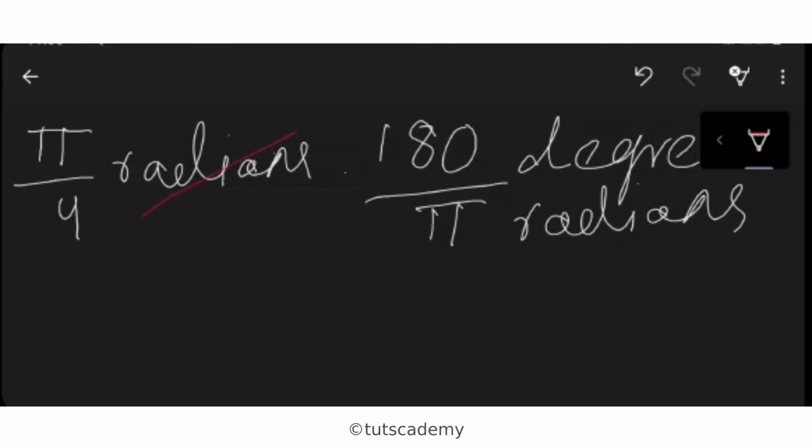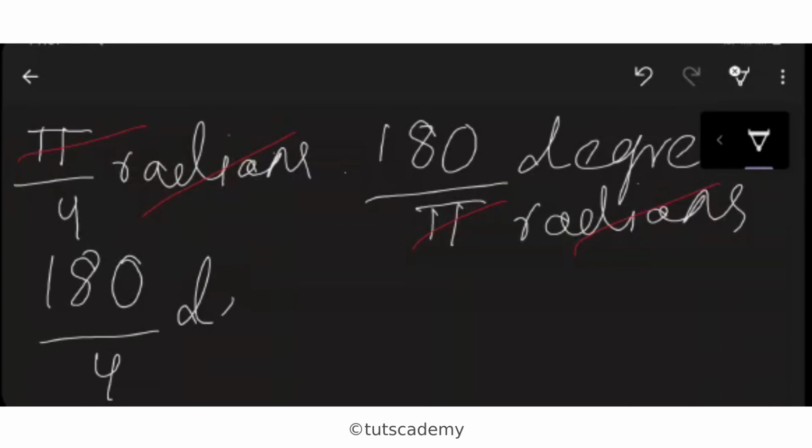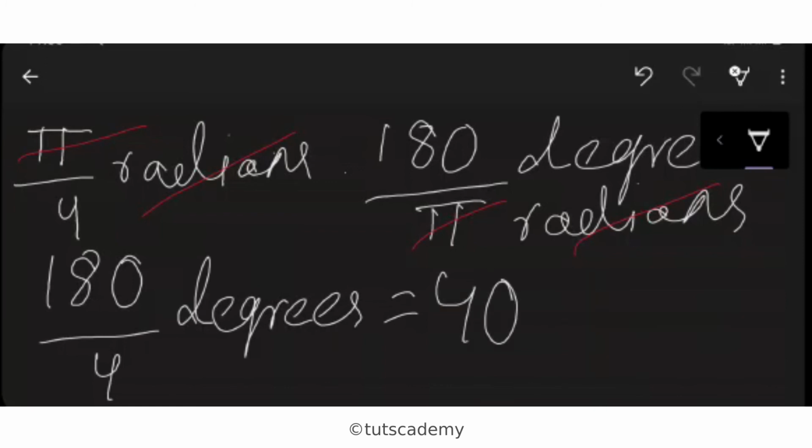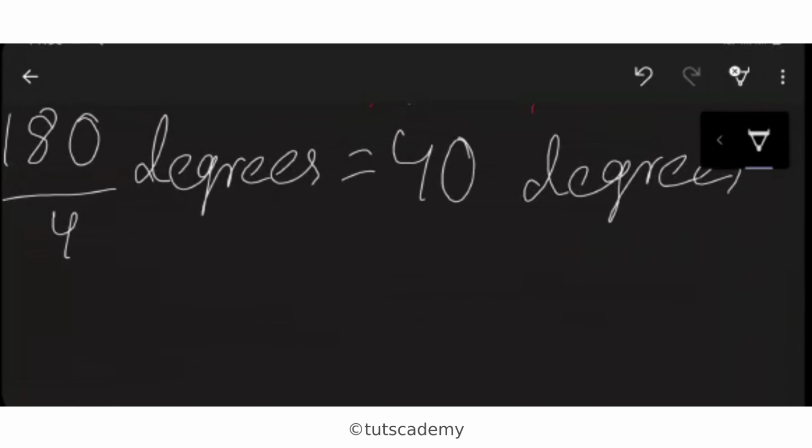We can cancel out the radians and we can cancel out the pi. So now we get 180 over 4 degrees, which is equal to 45 degrees.